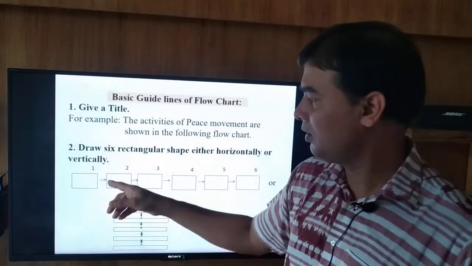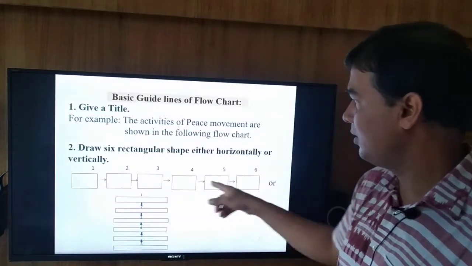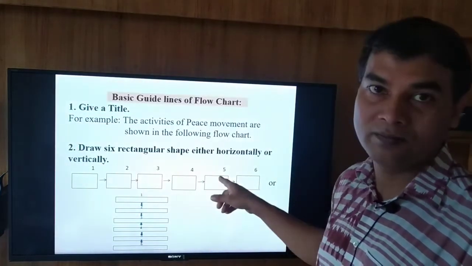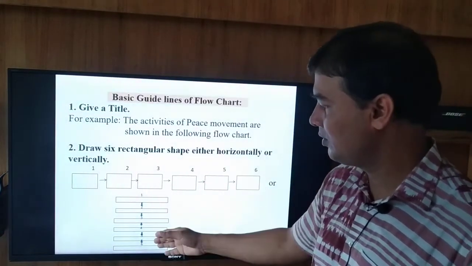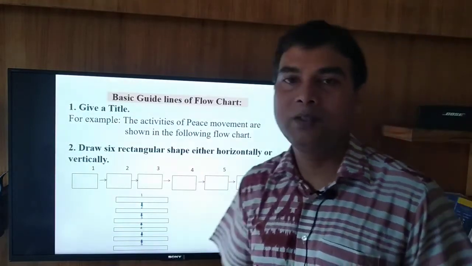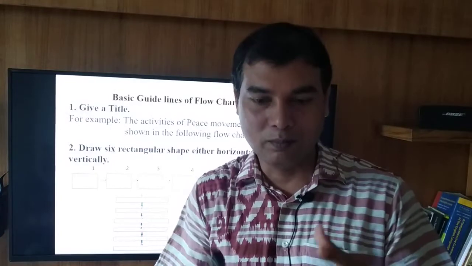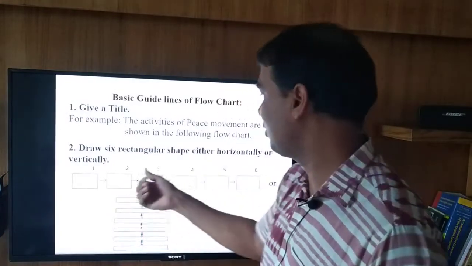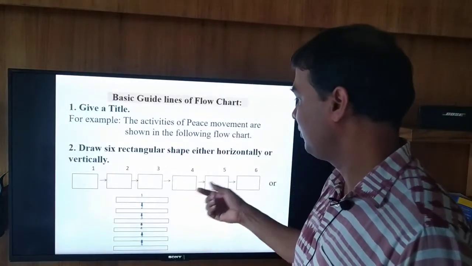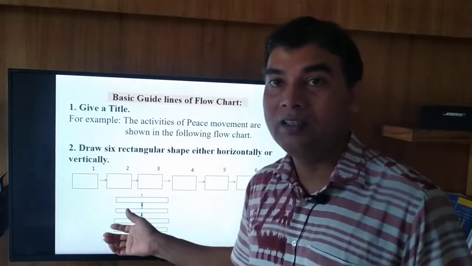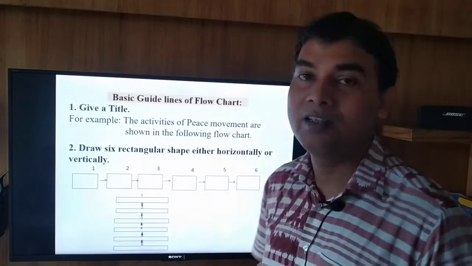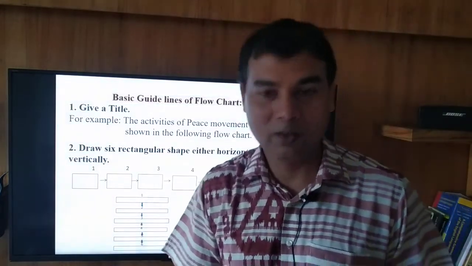Okay, in flowchart you see this is a horizontal chart and this is a vertical chart. If your handwriting is not so good or if you need more space, then instead of horizontal stages you can write it in a vertical way. Okay.